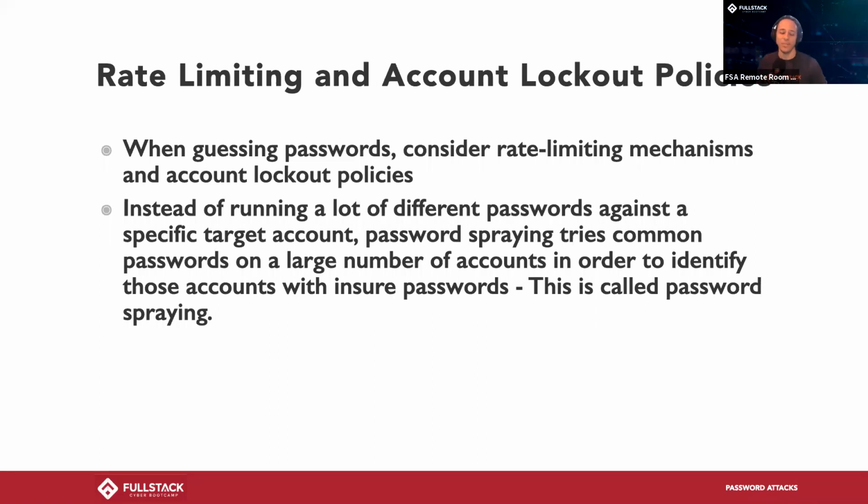Like, if you know where the company is, maybe you'll look at their local football team and put those things in there, some kind of spray. And so this way you're under that threshold of being locked out, but you're still getting lots of attempts. You're kind of playing a numbers game here to get into that account. Cool. Any questions on rate limiting or account lockout? We've all experienced this, I think.